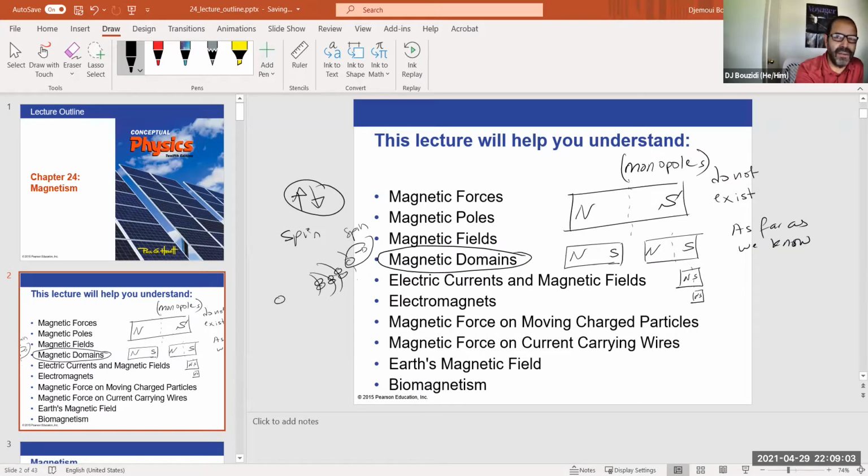Also, on the nucleus itself, the protons and the neutrons both have spins. They also pair with each other. As a matter of fact, the helium atom, which has 4 nucleons, has 2 protons and 2 neutrons.